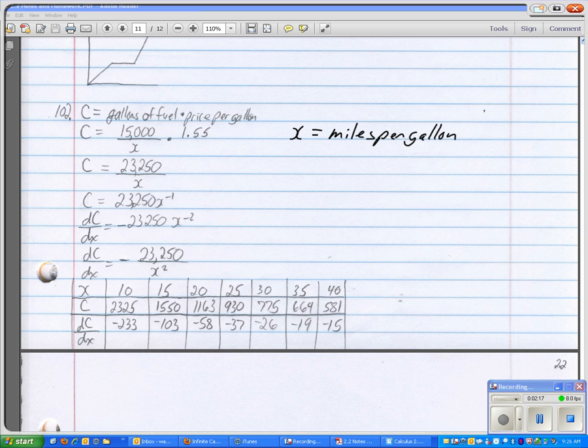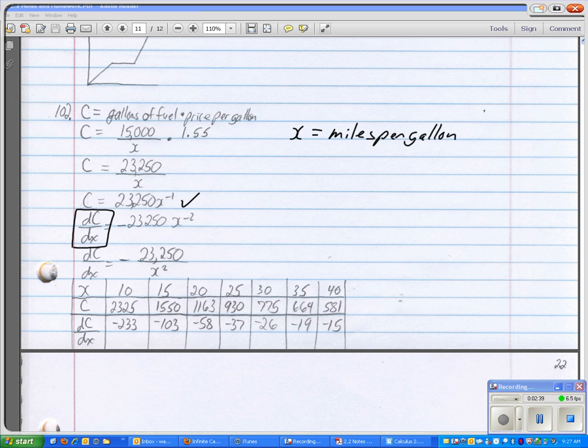Now, rewrite that as 23,250 X to the negative 1, and I can take the derivative of it using the power rule. I could have called the left side C prime, but I called it dC/dx.